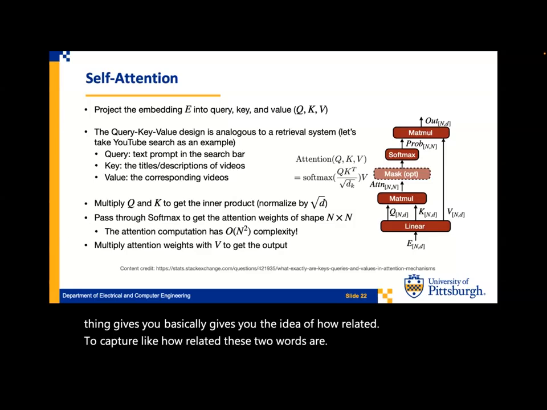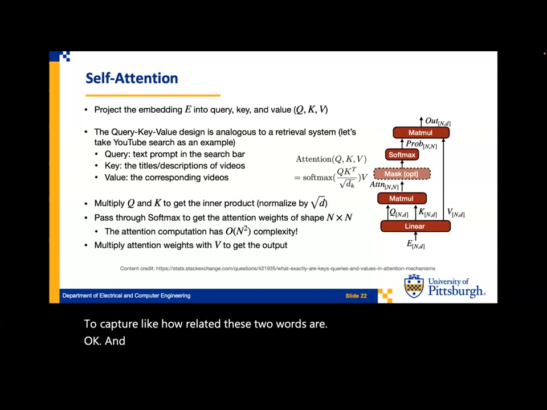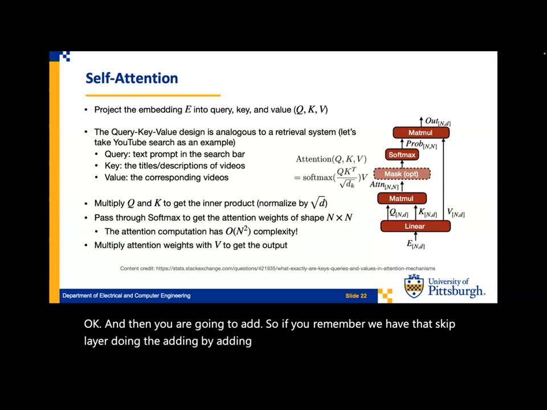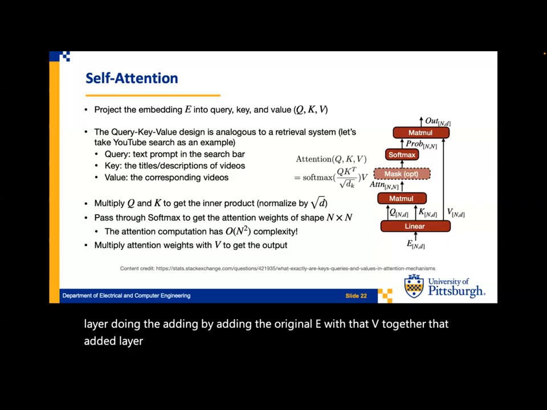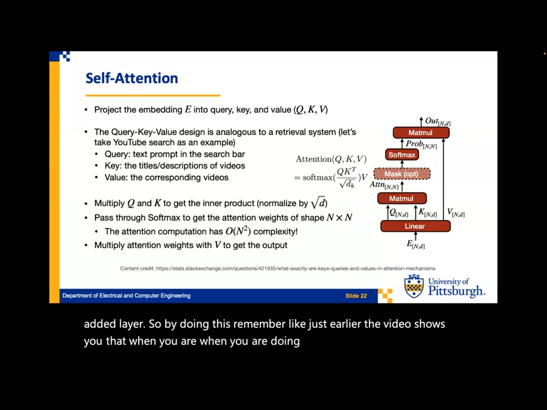Then you are going to add. If you remember, we have that skip layer doing the adding, adding the original E with that V together. Remember, the earlier video showed that if you have a king, that's a very generic word.